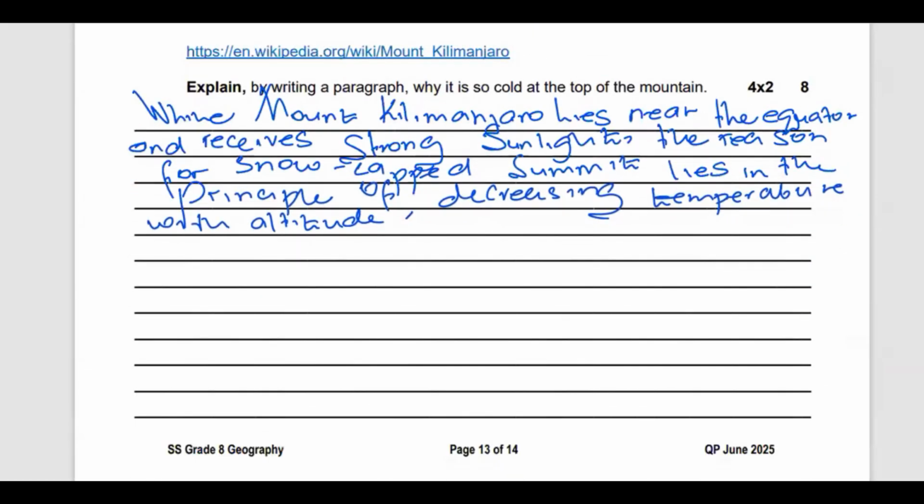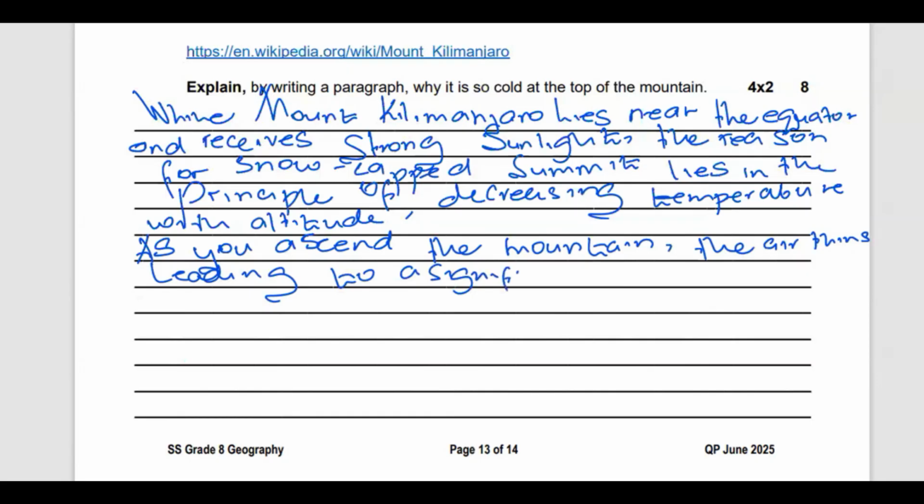Then we can also say as you ascend the mountain, the air thins, leading to a significant drop in air pressure.